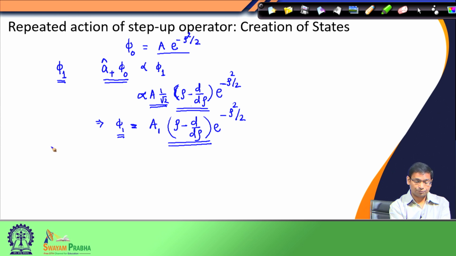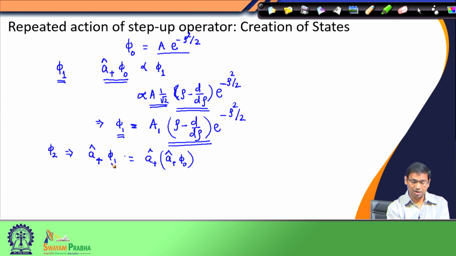Fine. Now, to get phi 2, what would I do? I can obtain phi 2 when I apply the step up operator on phi 1. So phi 2 is proportional to the a plus operator on phi 1. What is phi 1? Phi 1 is the action of a plus on phi 0. Therefore, this is equivalent to a plus a plus phi 0.